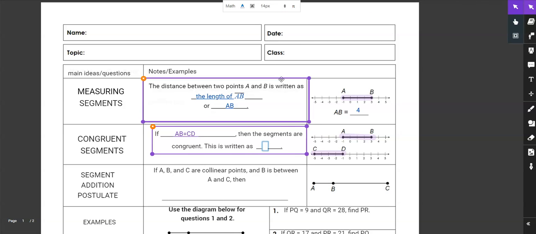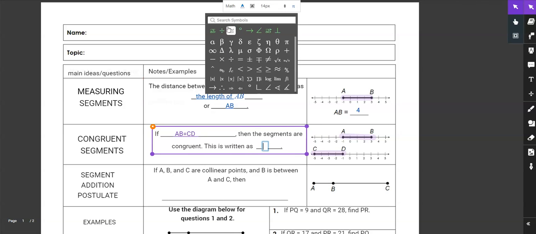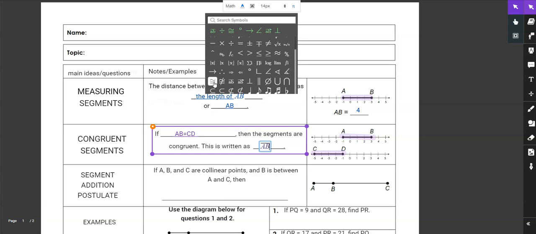Again, I am color coding a little bit, not as much as I normally would. Segment, and that's going to be segment AB. I hit my right arrow to get out of the line segment, and then we go down here to congruent. So segment AB is congruent to segment CD.